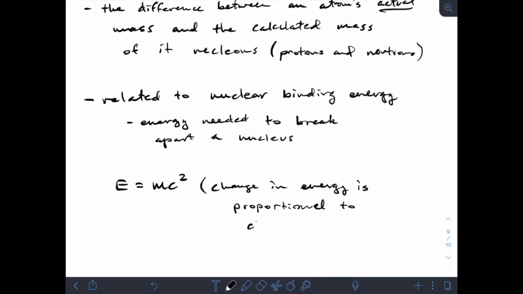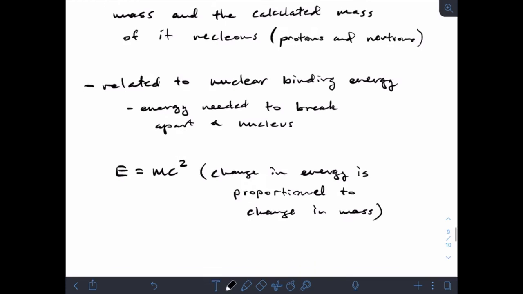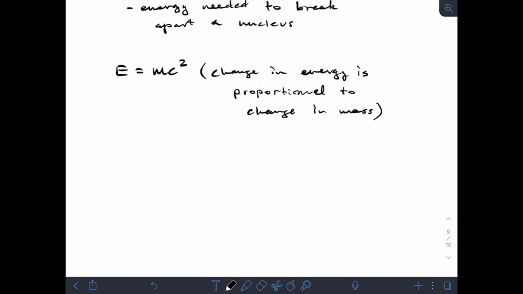Proportional to change in mass. And that change in mass is our mass defect. So let's do a little example on how to calculate binding energy.